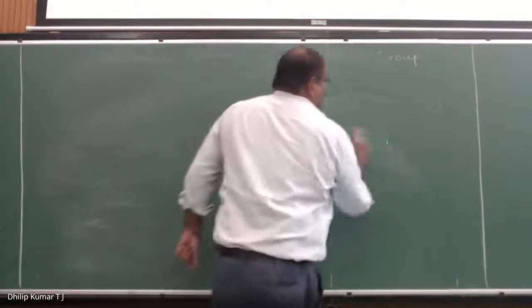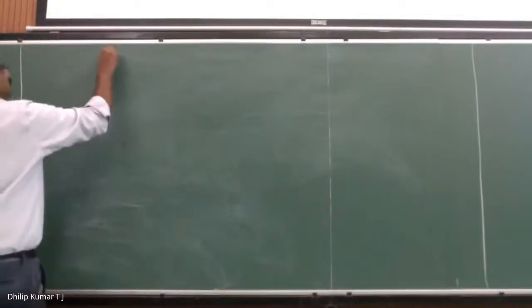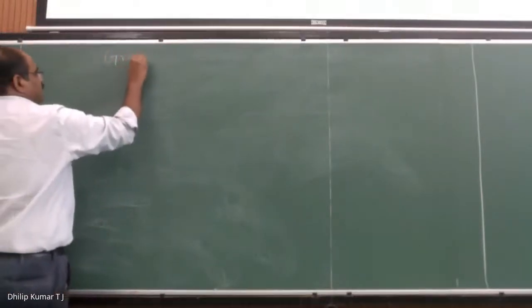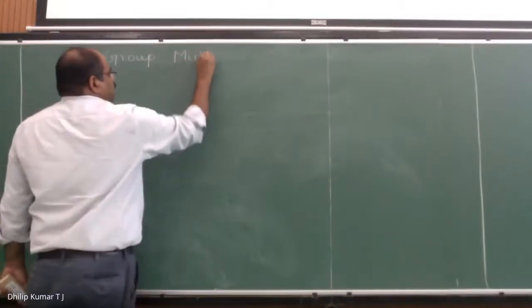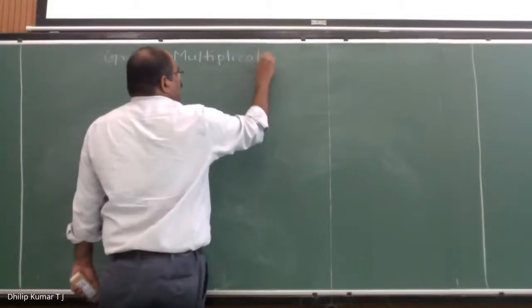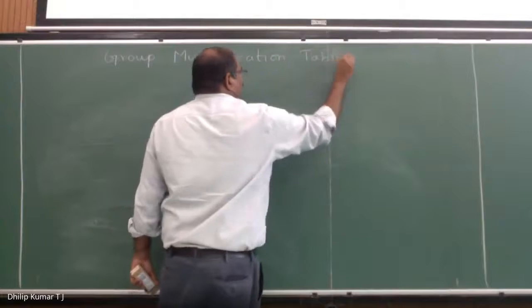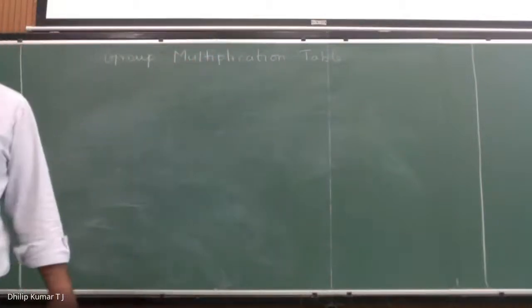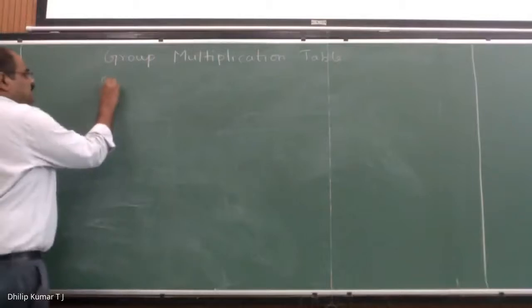Okay, so now let's come back to the group multiplication table. Last class we talked about C2v, right? We have done it for C2v. I gave C3v for you.